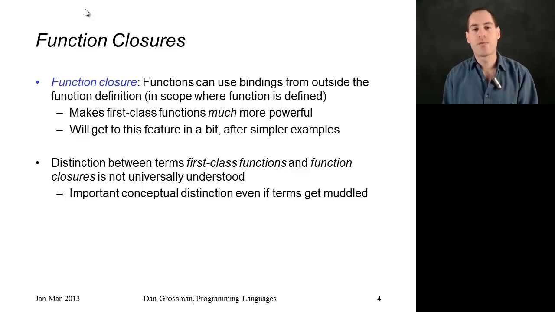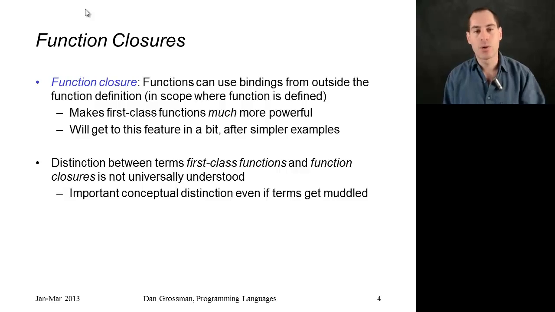So to me, first-class functions means functions you can pass around and put anywhere you want. Function closures means functions that can use things in the environment, not just arguments and local variables. And these are technically separate concepts, but because functional languages always support both, and they're often used together, these terms are often confused with each other.